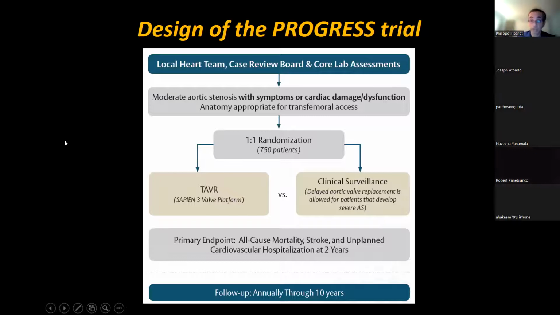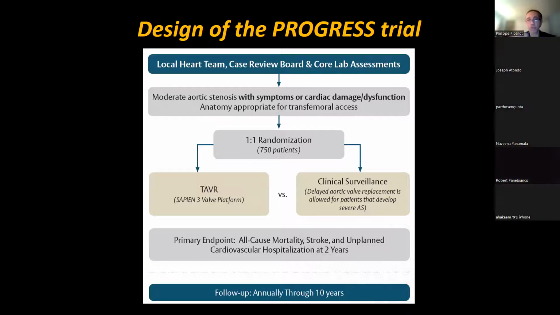There is another one that just started. That's the PROGRESS trial. So the PROGRESS trial, same concept, patient with moderate AS, but here it's a broader inclusion because it needs to be moderate AS with symptoms or evidence of cardiac damage or dysfunction, as we previously discussed. So we are focusing on patients who have at-risk moderate AS.